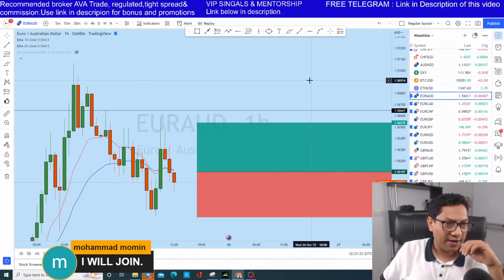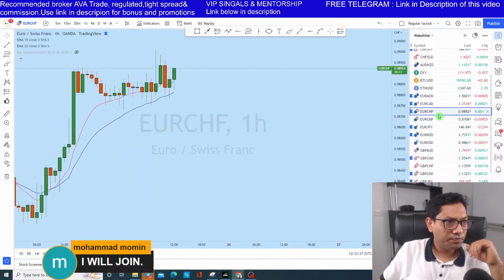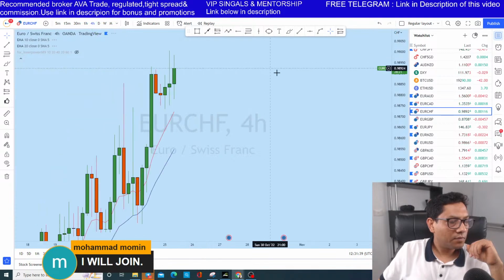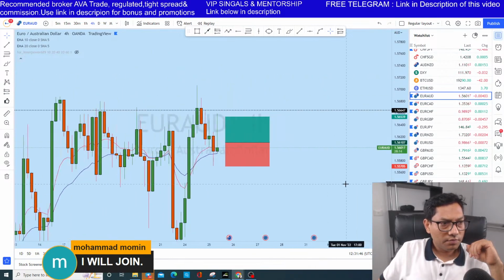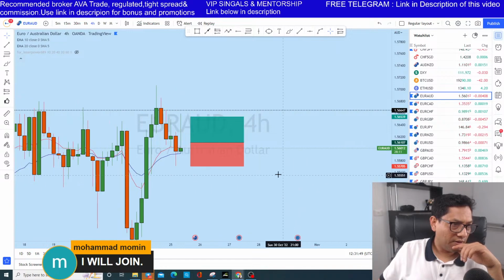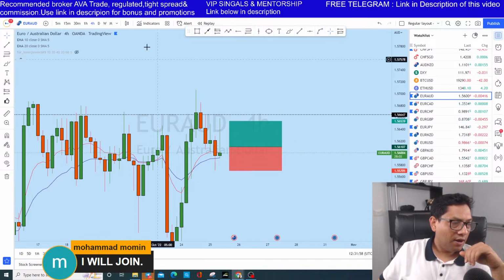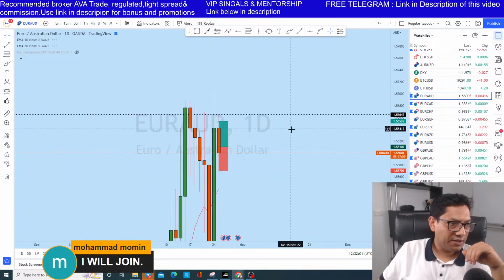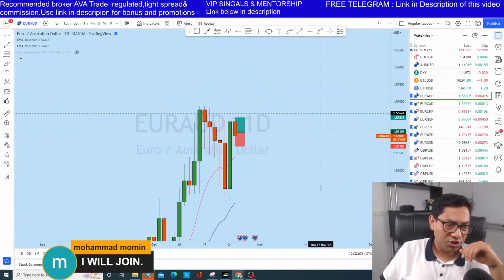So Euro AUD, guys, we are bullish on Euro AUD. We have bought at 1.5610. So what I'm expecting this instrument to do is close as a shooting star and then have a spike to the upside, which in fact will give you what we need, because on the daily perspective we see that Euro AUD has created a bullish engulfer.